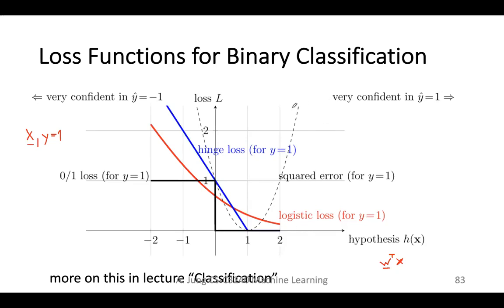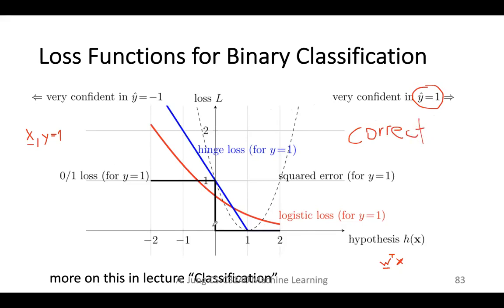On the right, the function value is larger than 0, which means the predicted label is 1. Okay, this is good. So this is a correct decision. On the right side, we have only correct decisions.